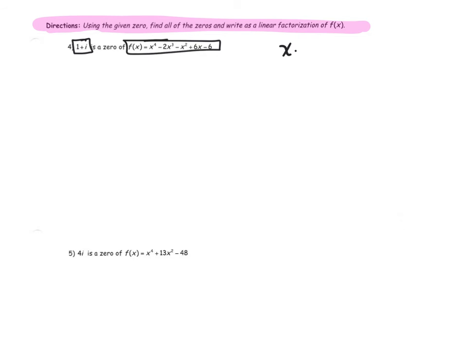Imaginary solutions come in conjugate pairs. So I have x equaling 1 plus i and x equaling 1 minus i. We know that these are roots for this polynomial. So if I want to figure out what the remaining factors are, we're going to get these into factored form.